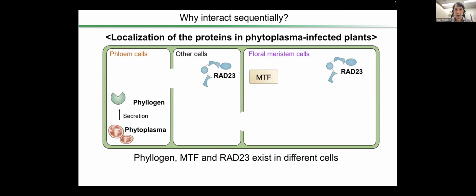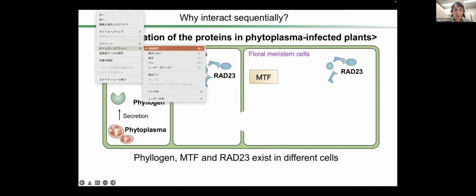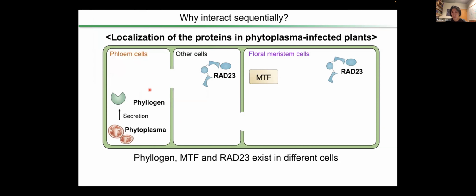In nature, the effector, MTF, and RAT23 exist in different cells of the plant because phytoplasma is phloem limited. The effector may also be phloem limited. And MTF exists in meristem cells.